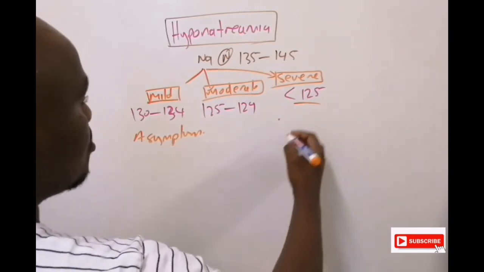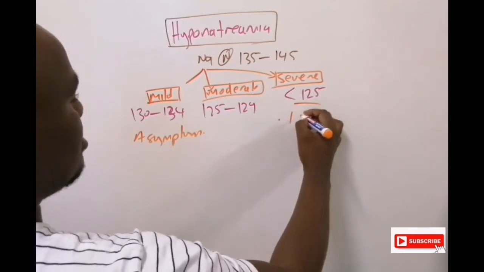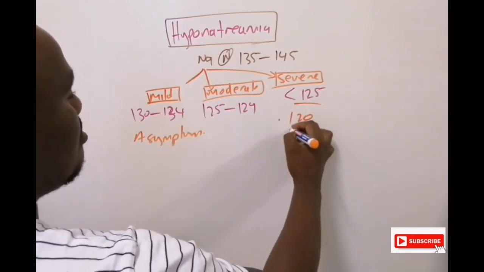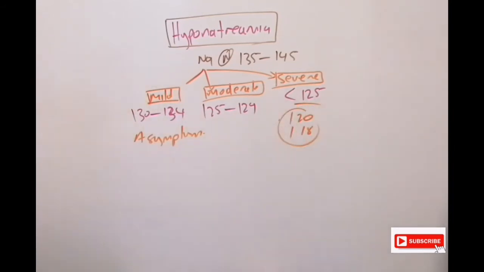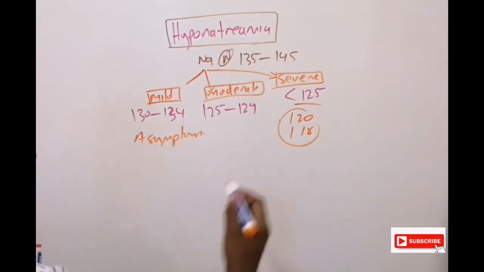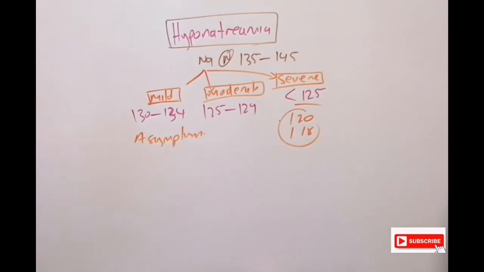I mean, someone who's got a hyponatremia of 120 or 118, their symptoms might be different. So I think the more severe your hyponatremia is, the more symptoms you will have. And yeah, so let's just keep this in mind.